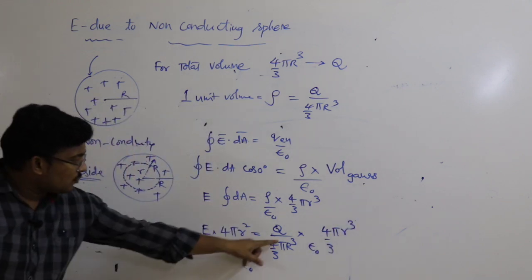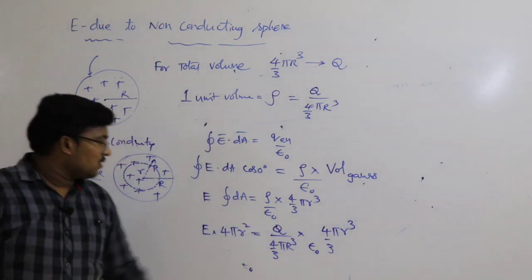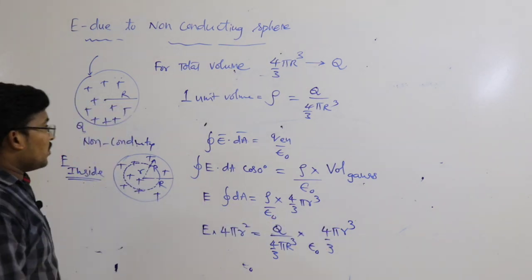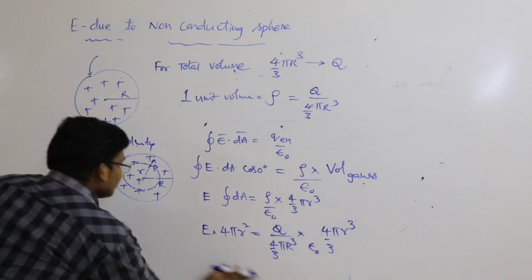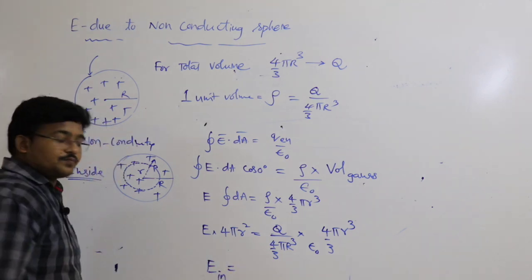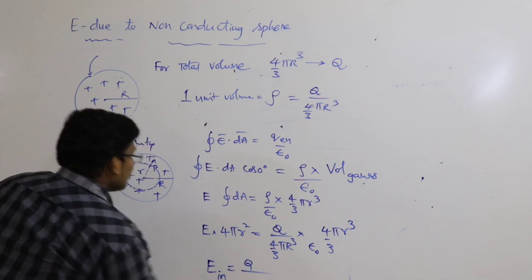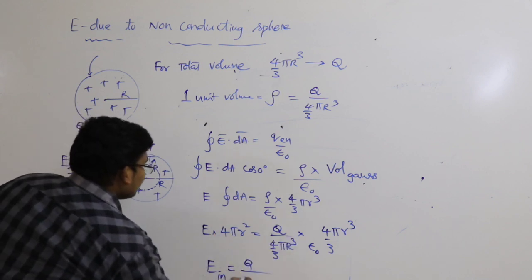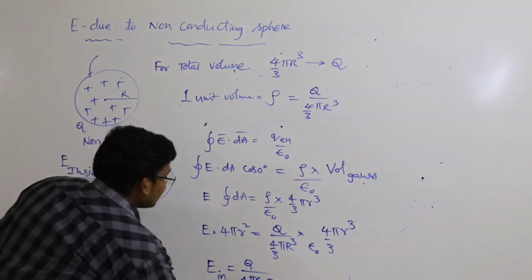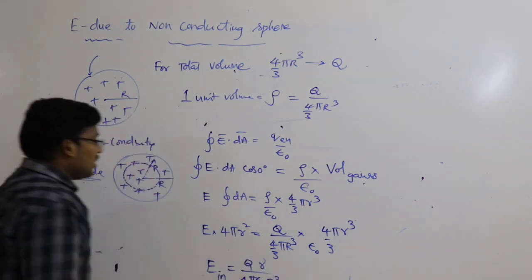You can cancel 4 pi by 3 with 4 pi by 3, and small r square with r cube. Then we get E inside is equal to Q by 4 pi epsilon naught r cube, into small r.